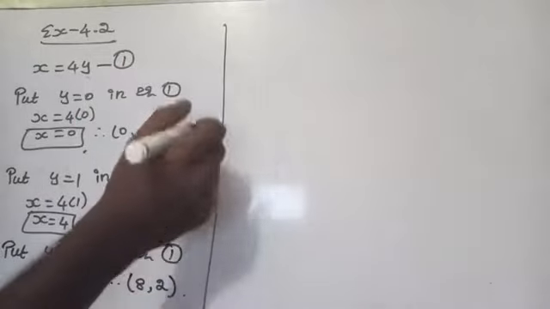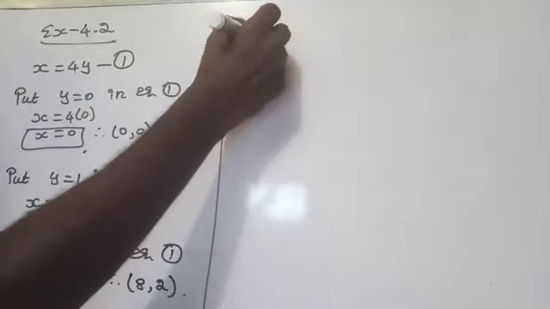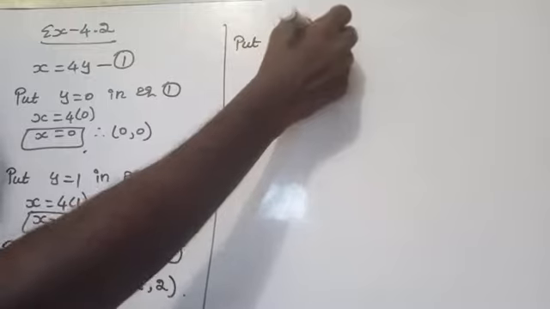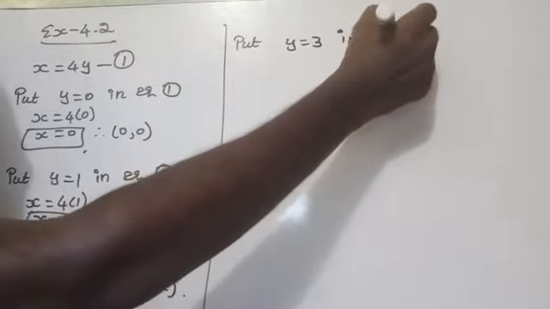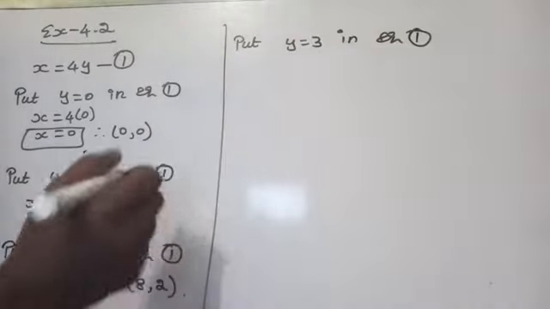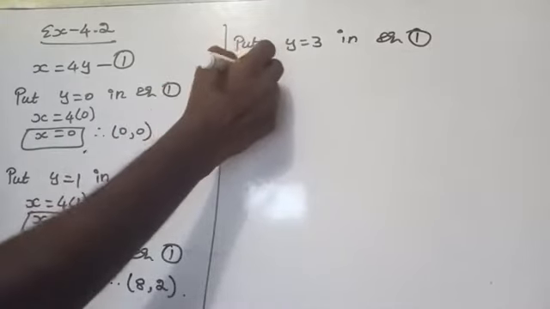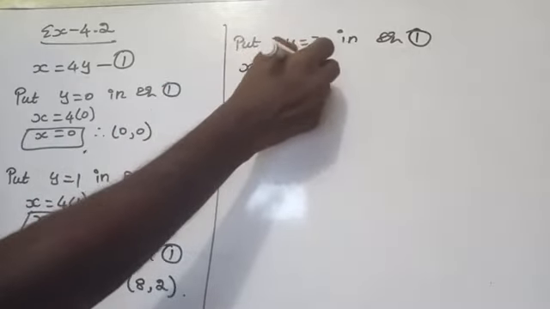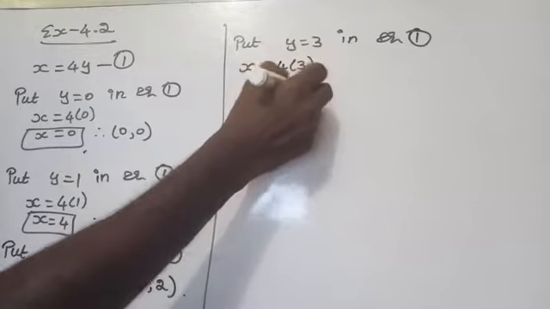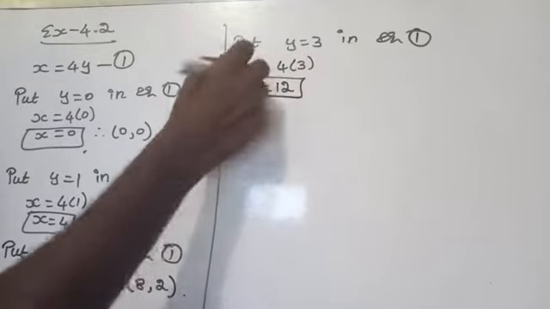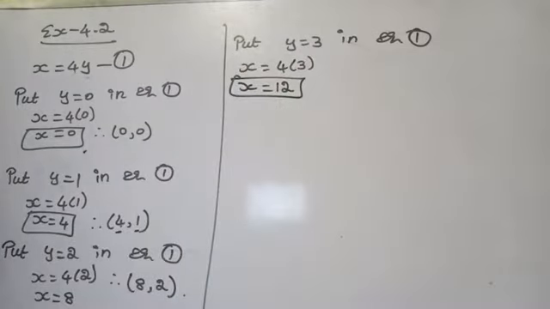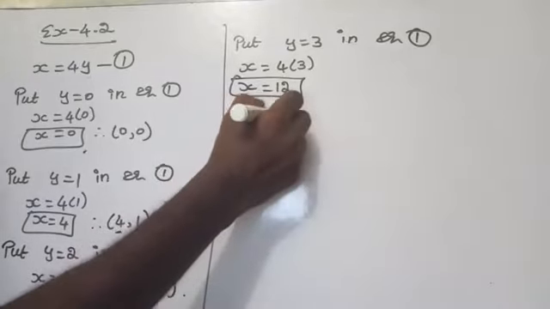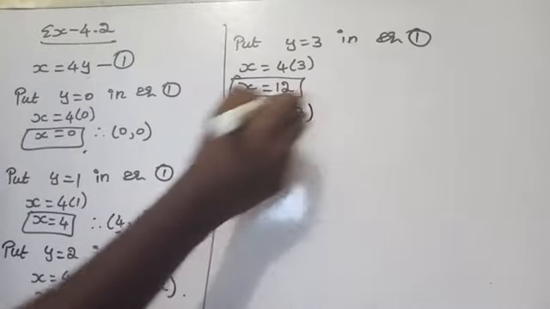We will substitute. Put y equal to 3 now in equation 1. So x is equal to 4 into 3. 4 3s are how much? 12. x is equal to 12 now. Therefore 12 comma 3 is a solution.